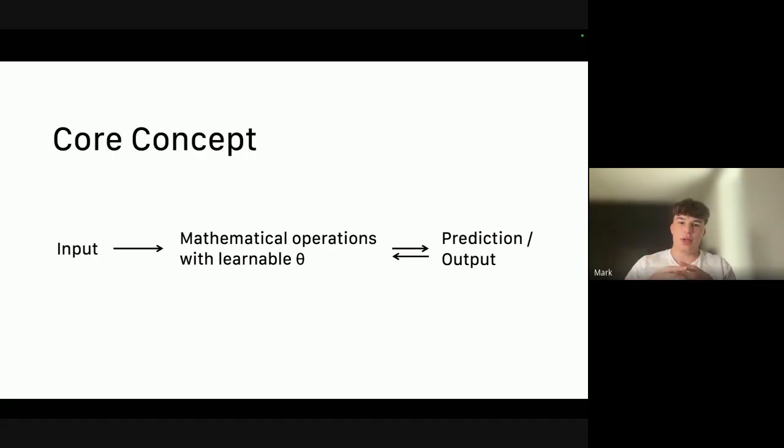Then you perform some kind of mathematical operation with them, some function, and they have a learnable parameter. We call these parameters theta. So this Greek symbol is the parameters of the model you have, and they get modified and converge to a point where it models the output prediction the best.